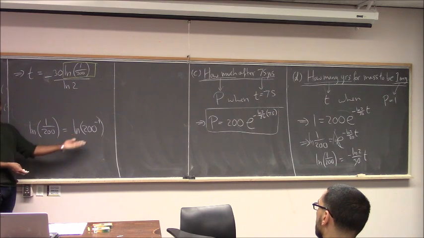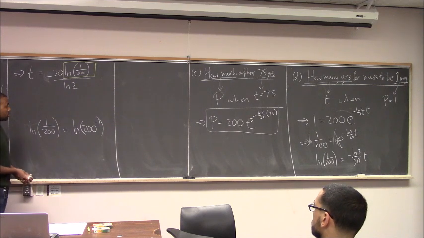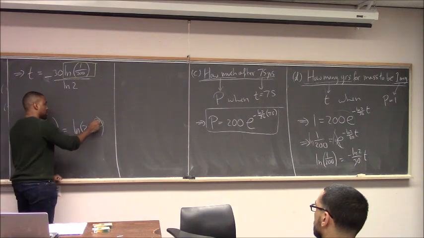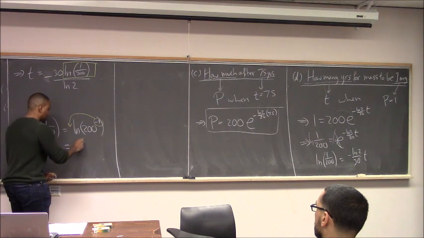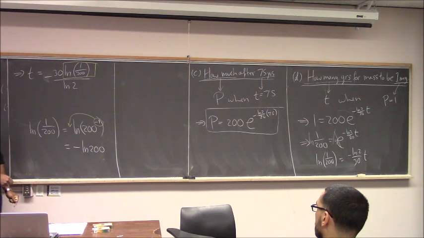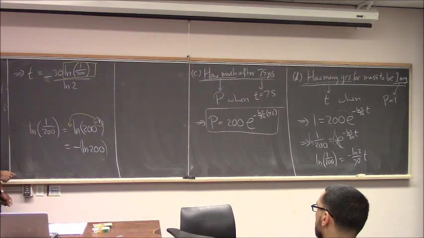What does this mean? It's another way we can write this. So the negative power can come down, because that's a rule. So minus ln of 200. Now this is negative ln of 200. How do we know ln of 200 is a positive number?